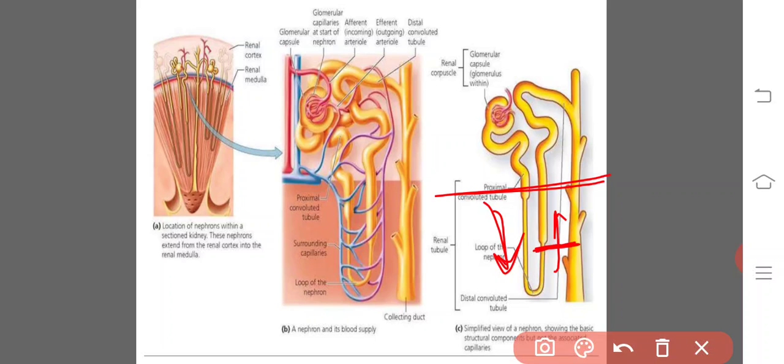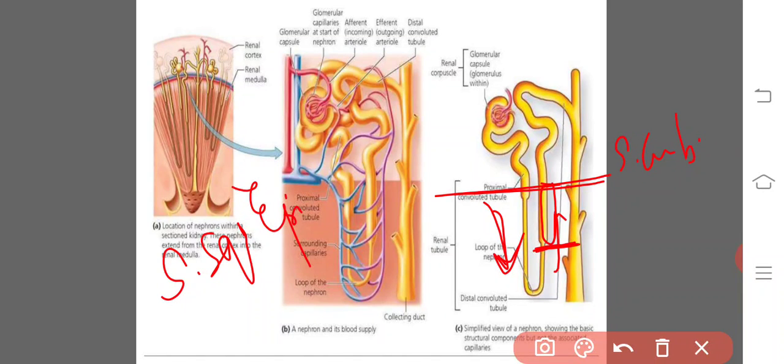are very thin and they are lined by simple squamous epithelium. The distal portion of the ascending limb is somewhat thick, and it is lined by simple cuboidal epithelium.